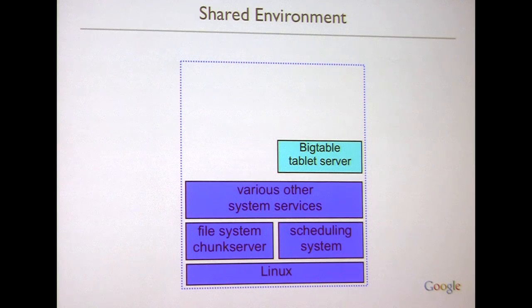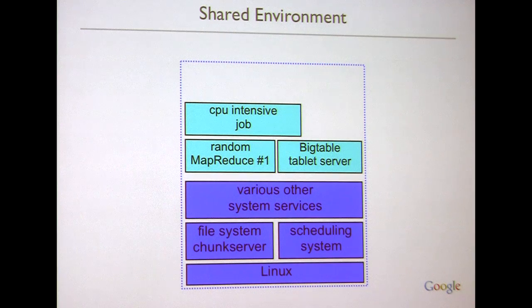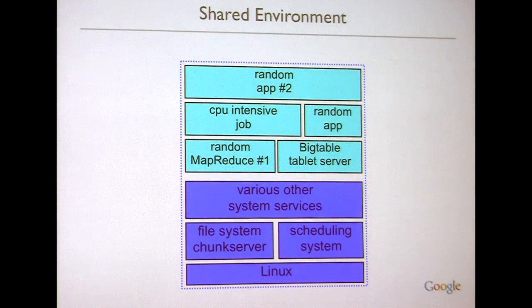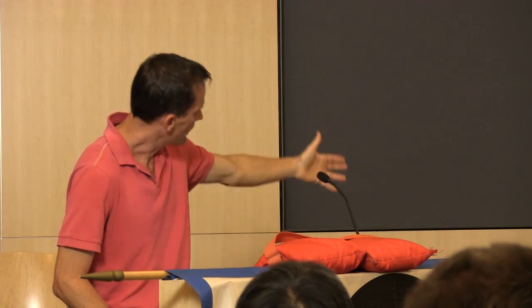And then on top of that, we have a whole bunch of random application and higher level system services. Bigtable is a higher level structured storage system we've built, and a lot of machines run a process involved in that. We might have some random CPU intensive job, some random MapReduce job that someone's running to compute something, and some other random things.